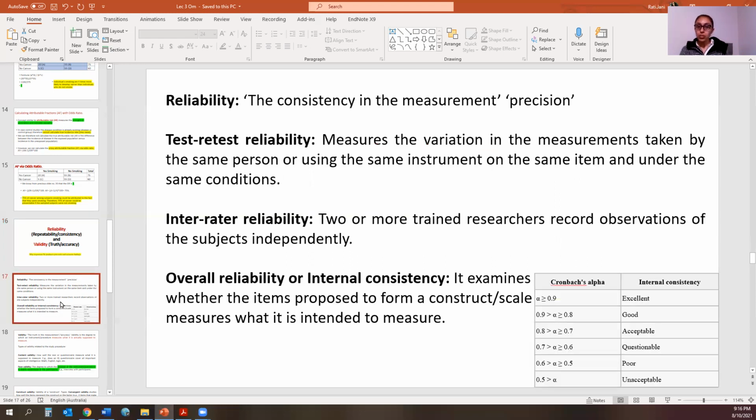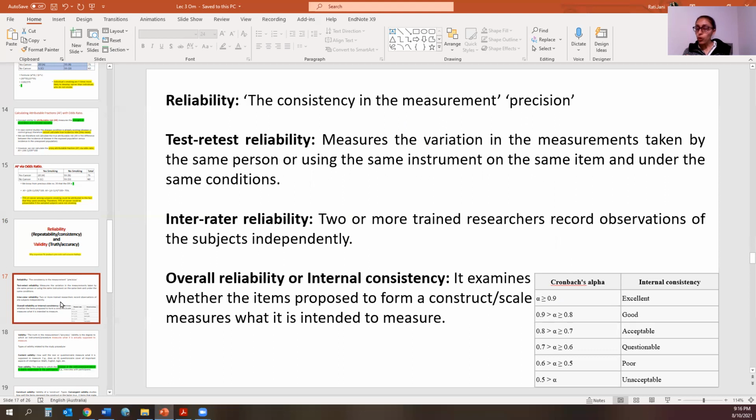Reliability, as I said, is consistency in the measurement. There are various types of reliability, and I have covered the most common types for you. Similarly, for the measures of association, I have covered the most common ones.